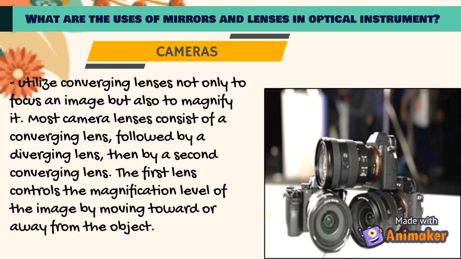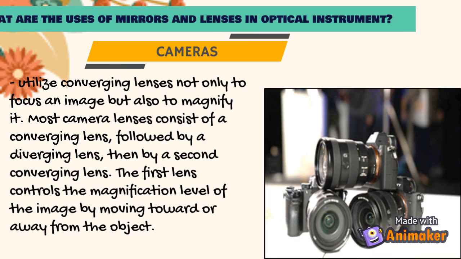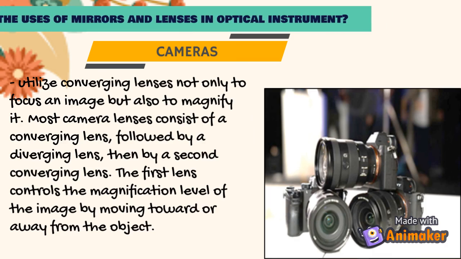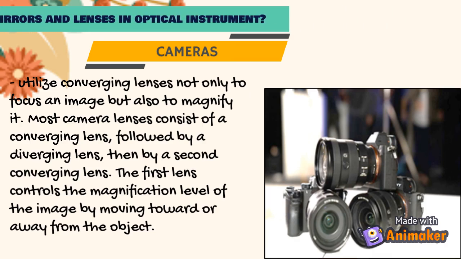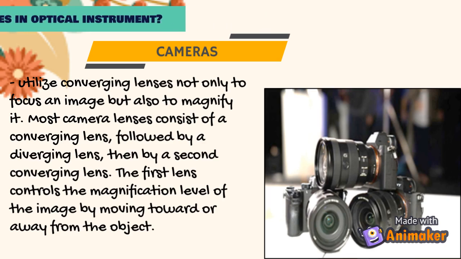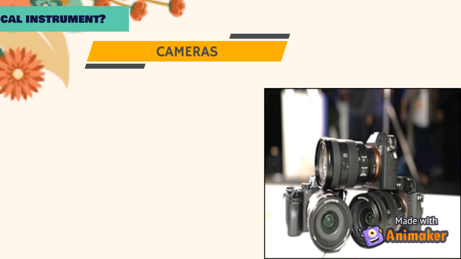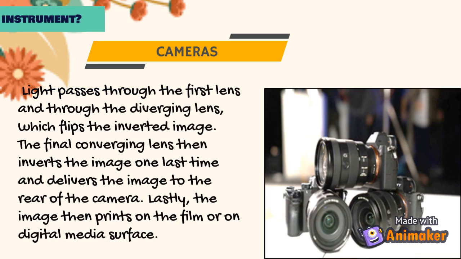Then we have cameras. They utilize converging lenses not only to focus an image but also to magnify it. Most camera lenses consist of a converging lens, followed by a diverging lens, then by a second converging lens. The first lens controls the magnification level of the image by moving toward or away from the object.